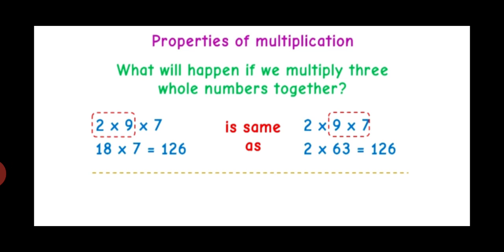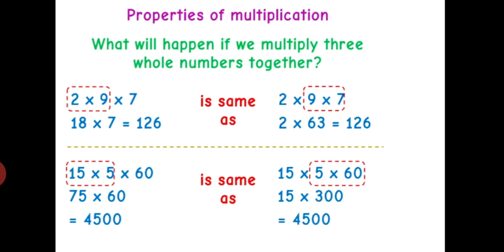So 2 cross 9 is equal to 18, and 18 multiplied by 7 equals 126. Similarly, 2 cross 9 cross 7. Here we shall first multiply 9 by 7 and the answer is 63. Then we shall multiply 63 by 2 and the answer is 126. So (A cross B) cross C is equal to A cross (B cross C).